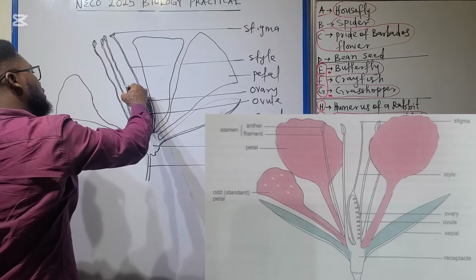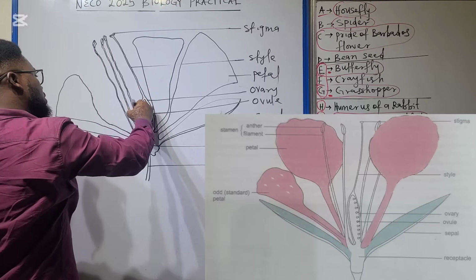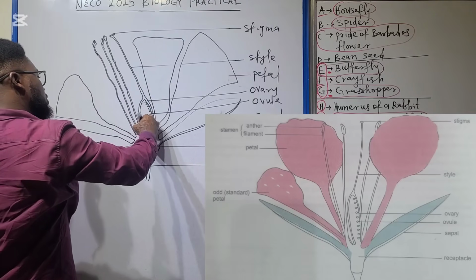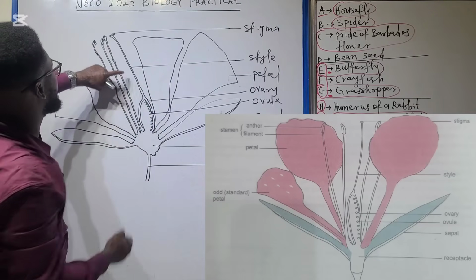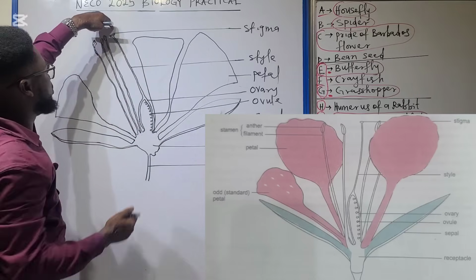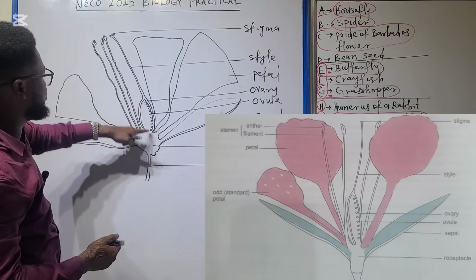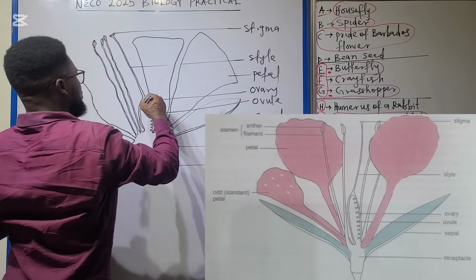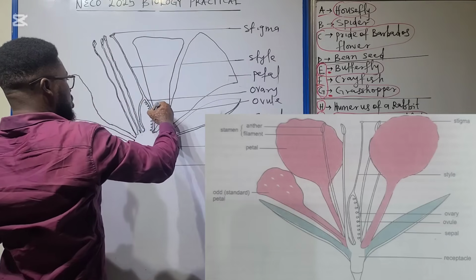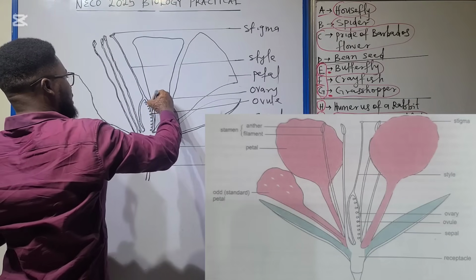You can see the drawing on your screen. So I think 1, 2, 3. This one here is already your stigma. Look at where it leads to. We could go one filament coming out here.